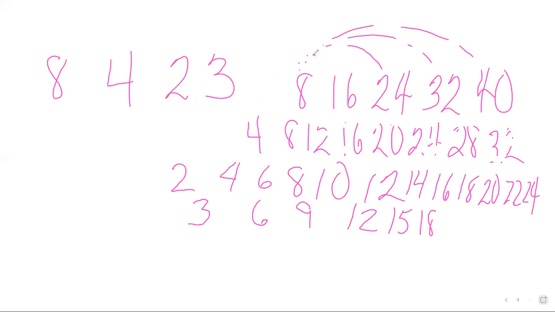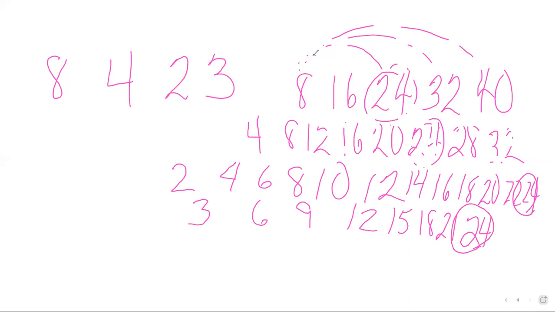Let me say what I'm going to get here. Guess what? 24 is here, 24 is here, 24 is here, 24 is there. 24 is the lowest common denominator, okay?